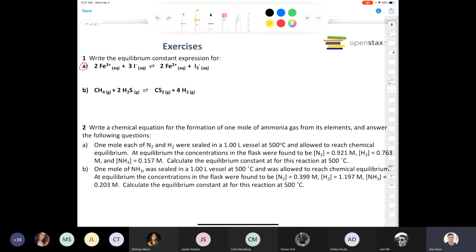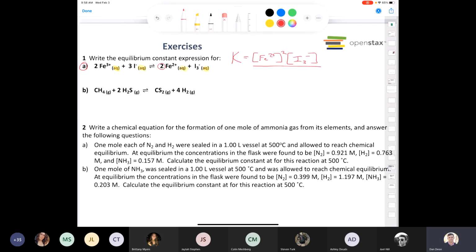What I notice right away is that everything is aqueous. So that means that everything is going to be included in the equilibrium expression. So we'll write that K is equal to the concentration of Fe2+ to the power of 2 times the concentration of I3- to the power of 1.